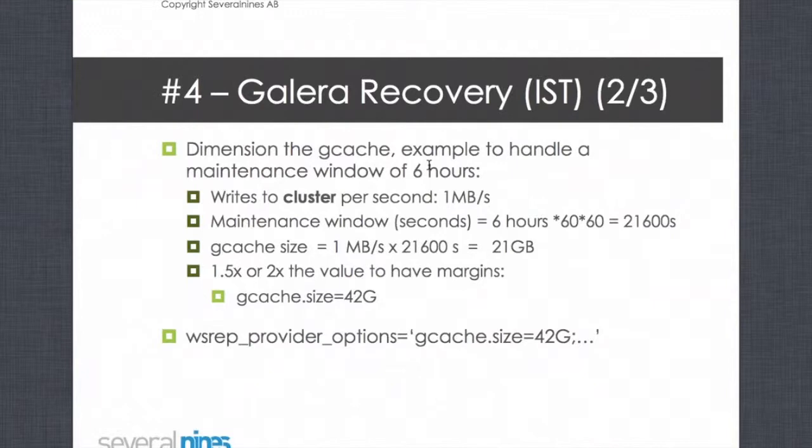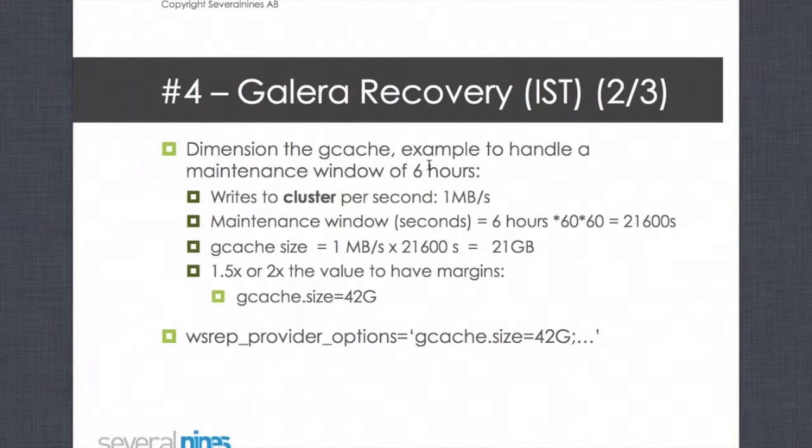Then we want to sustain a maintenance window of 6 hours. We take down one node, do maintenance for up to 6 hours, and when we start it up again, we would like this node to rejoin using an IST, just streaming the deltas that happened while the node was in maintenance mode.